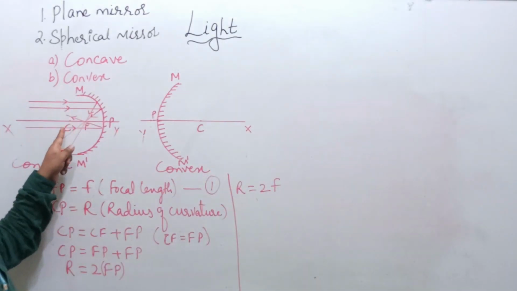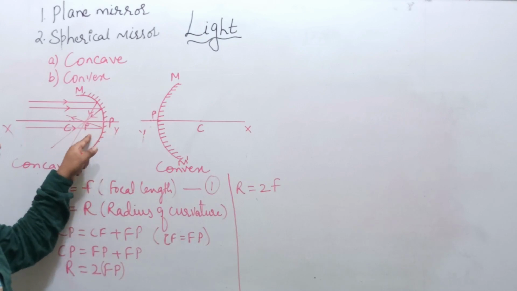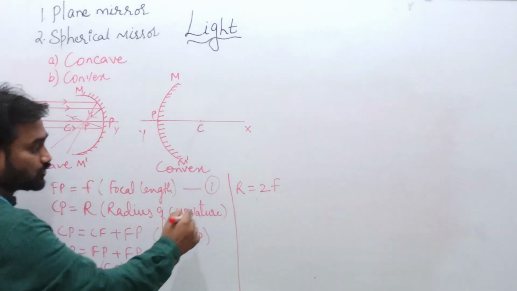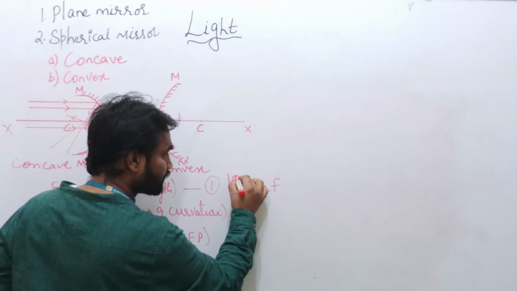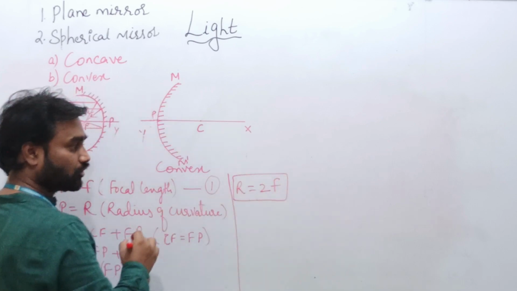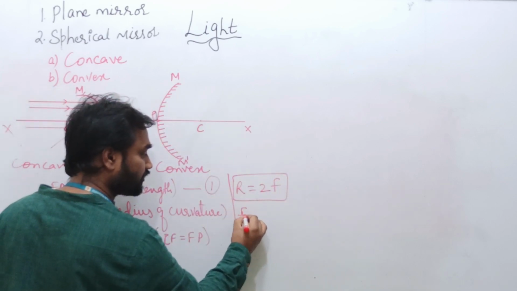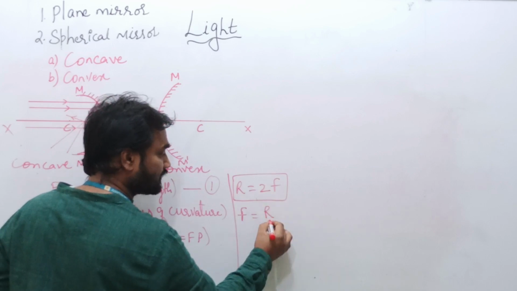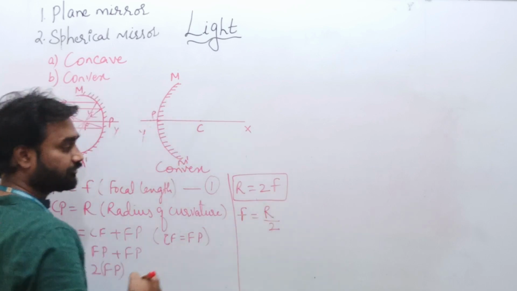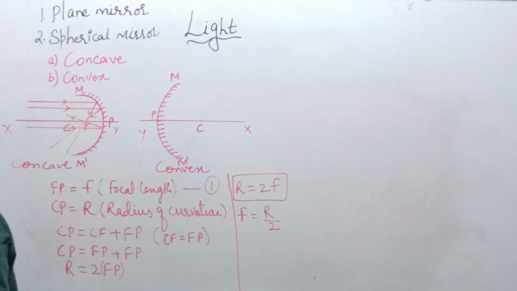Radius of curvature CP is twice of focal length, that is twice of FP. So R is equal to 2F, or if you want to write in terms of F, then focal length is half of radius of curvature.